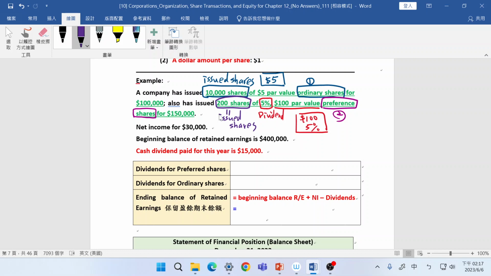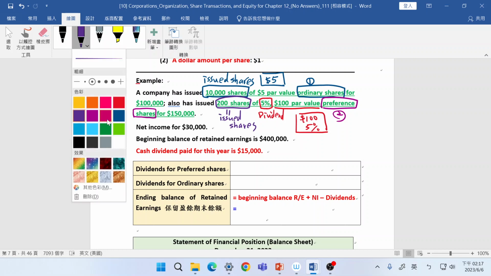So $100,000 you got from ordinary shareholders.